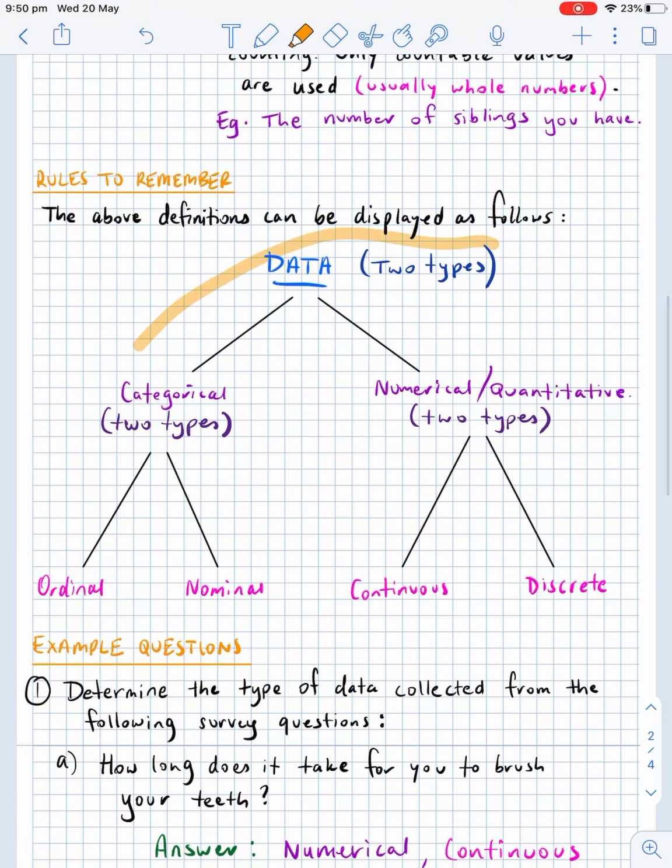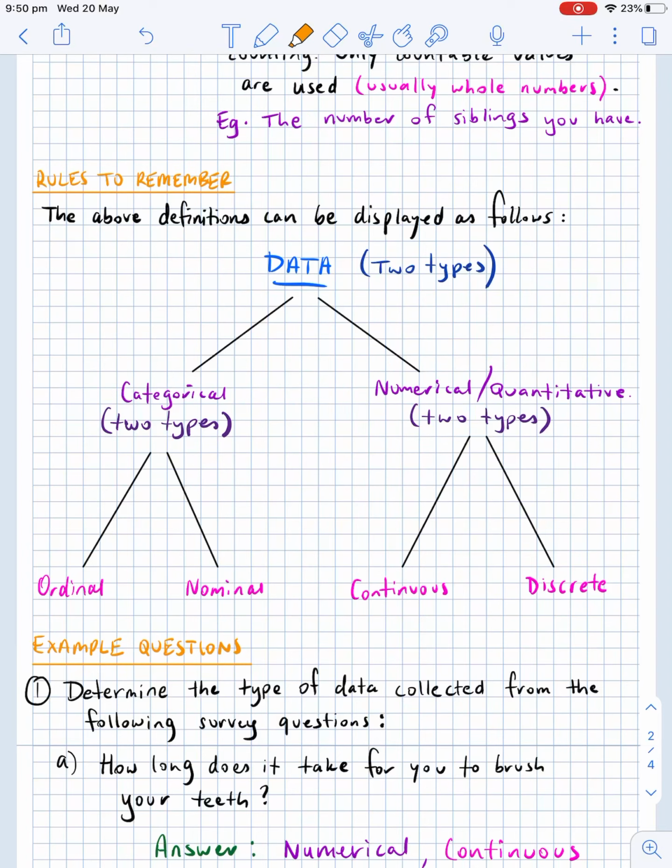Now we can summarize all these different words into a bit of a table, into a bit of a graph here. So for data, you've got to think to yourself, there's two types of data, and that is categorical and numerical or quantitative. And there is two types of categorical data. That splits into ordinal and nominal. And the numerical data splits into continuous and discrete.